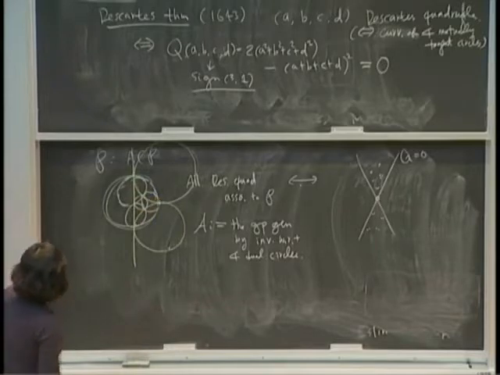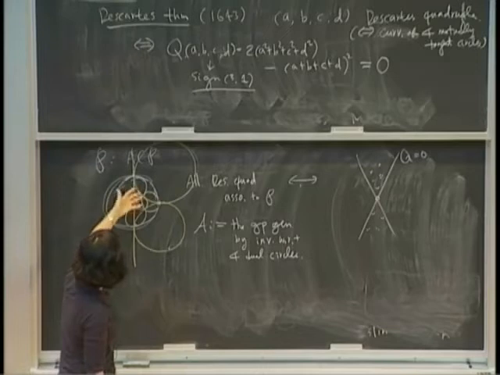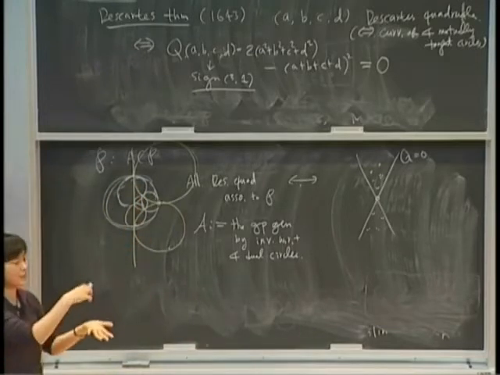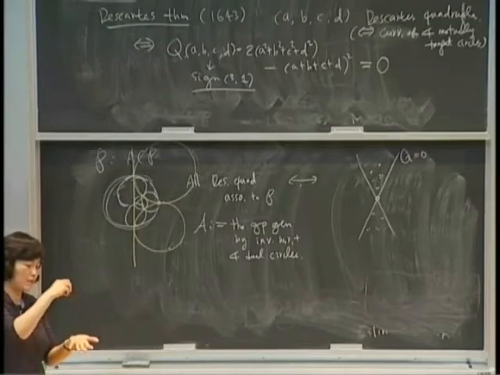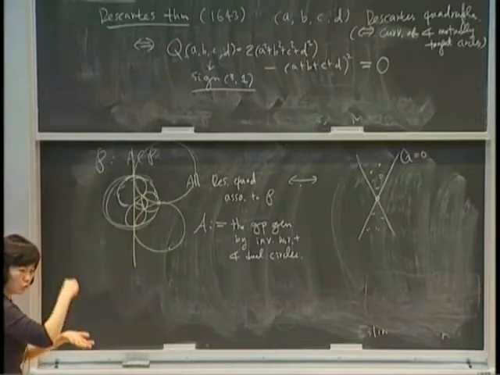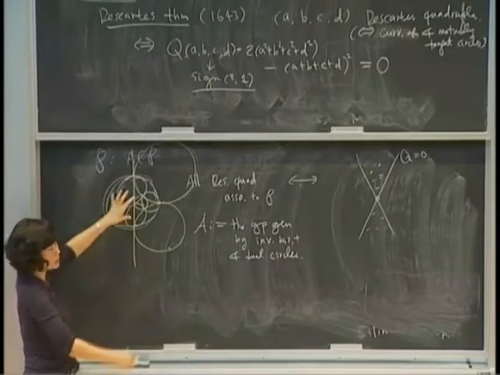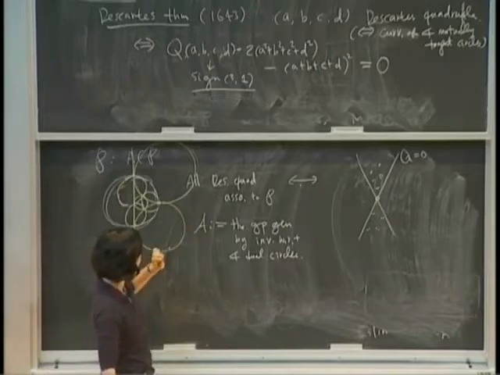It fixes 3 circles which it meets perpendicularly, maybe because my picture doesn't give me perpendicular circles, that's why I don't see. So it fixes 3 circles that it meets perpendicularly, and then it maps exactly one circle which is tangent to those 3 circles to the other circle which is tangent to these 3 circles. So it preserves this Apollonian packing. So it is a symmetry group of the Apollonian packing.